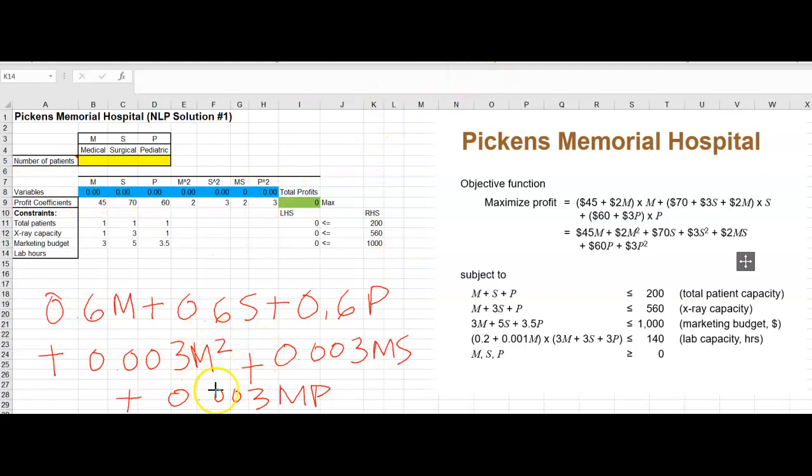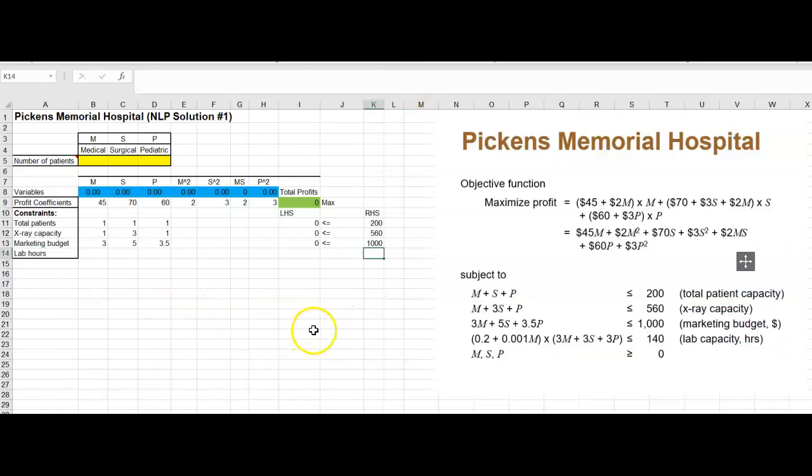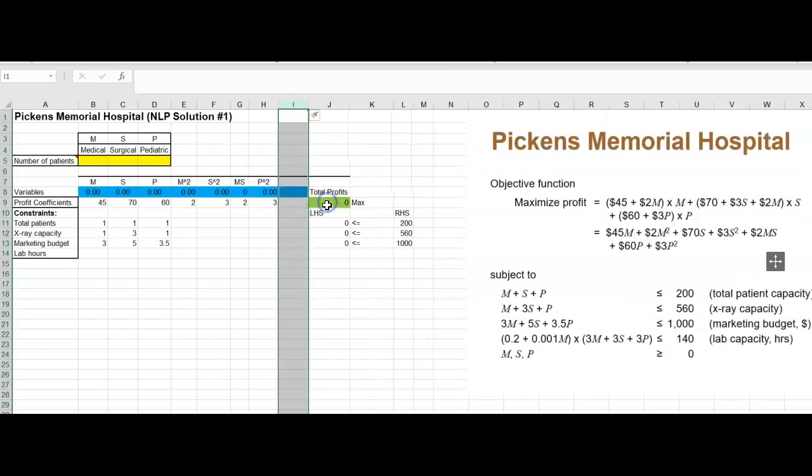So let me get out of this drawing mode. And now I can add a column here where I will put the term MP because it's being used in my last constraint for lab hours, and that term is M multiplied by P.